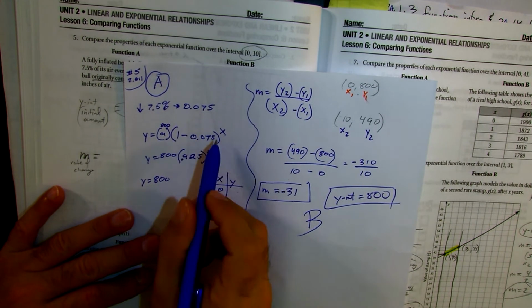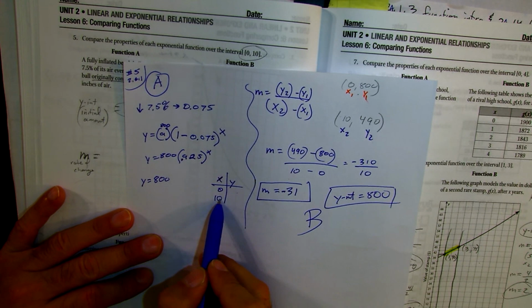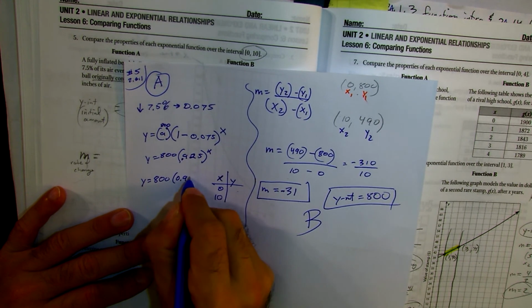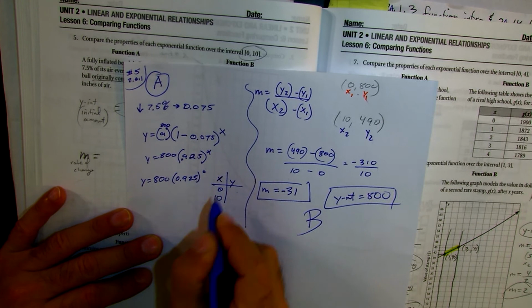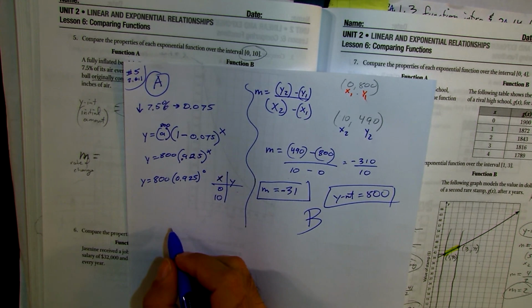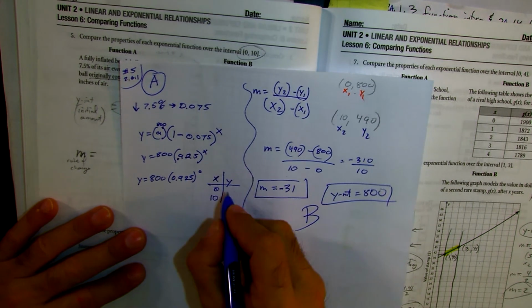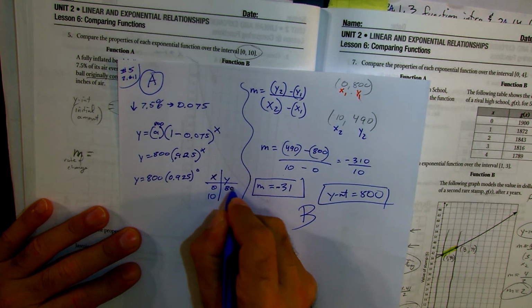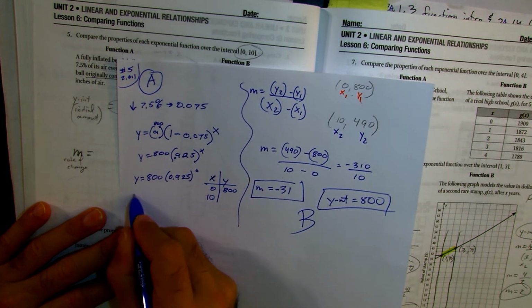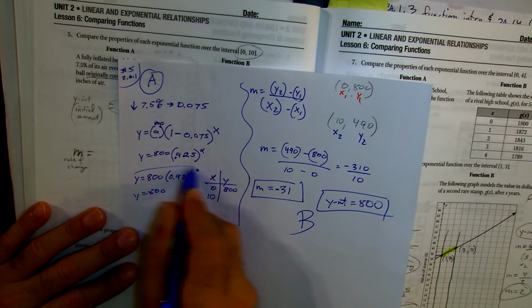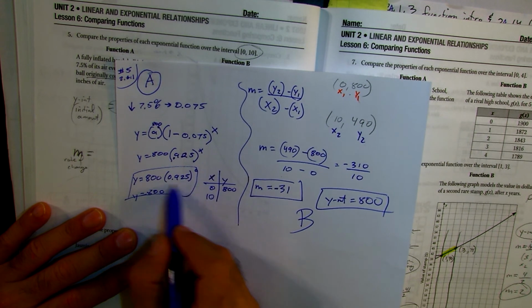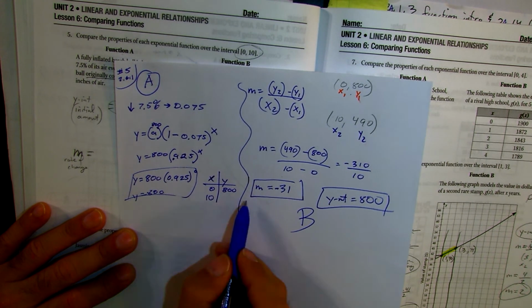Here we had to create our equation. We have to look at 0 and 10. And when I do that, anything to the 0 is 1. So when X is 0, Y is 800. That was easy. Anything to the 0 is 1. 1 times 800 is 800.